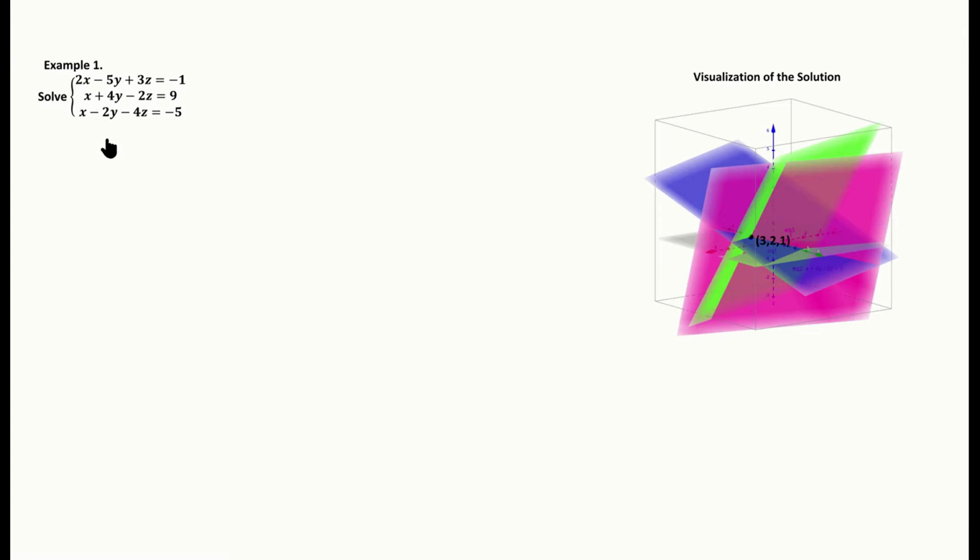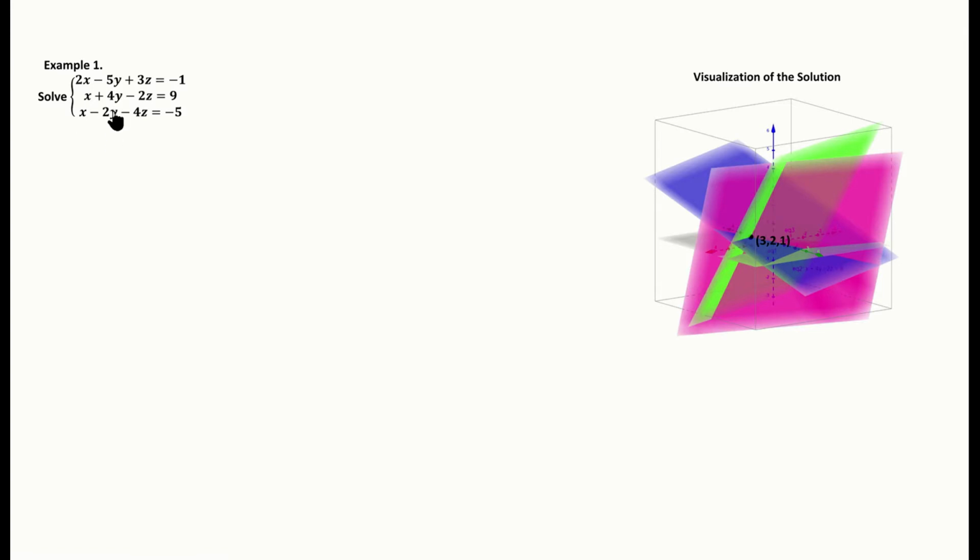The way we're going to do that is we're going to scope the 3 equations and see if there is any one variable that is easy to eliminate twice. So we can take any pair of these 3 equations and eliminate a variable, and we're going to do that to 2 such pairs.